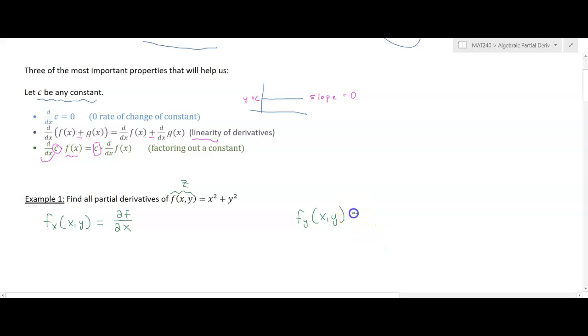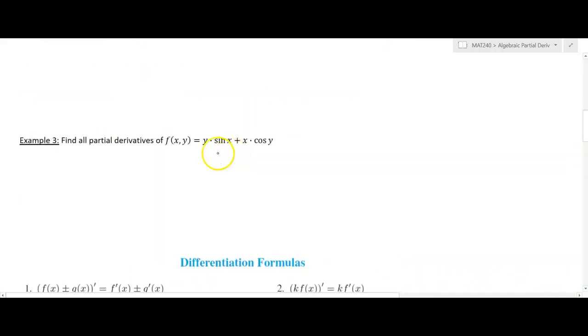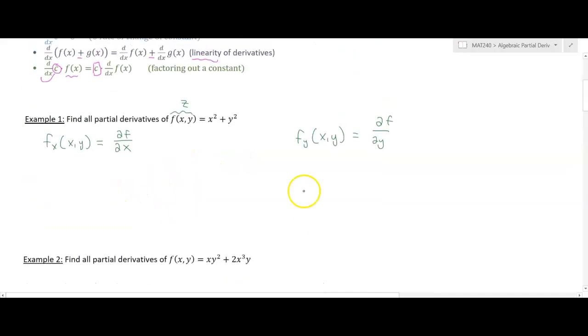Finally, this one over here we can write as df dy. Also, we could say dz dx and dz dy, but since we're calling the function f, we'll just refer to the output as df.